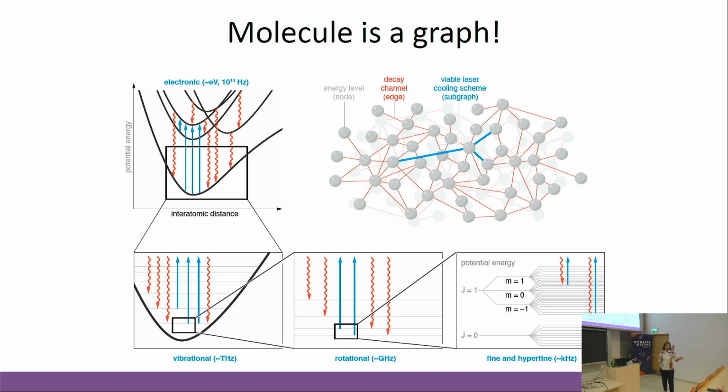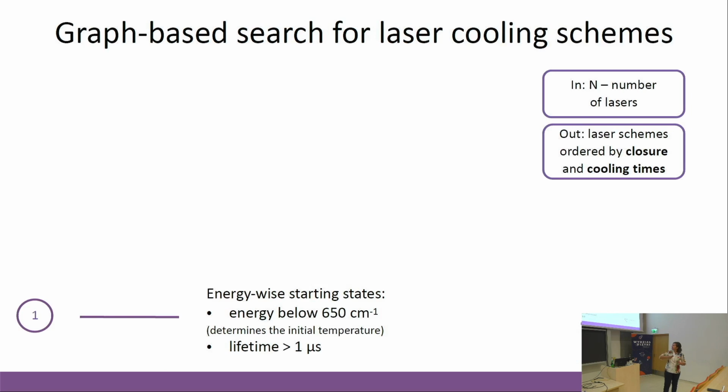So all that is left to do is to determine the set of conditions that this laser cooling scheme has to meet. And here come my amazing collaborators, who know exactly what a molecule has to do in order to be laser cooled. So what are those steps to detect a laser cooling scheme? The first thing is to detect energy levels that can be your starting states.